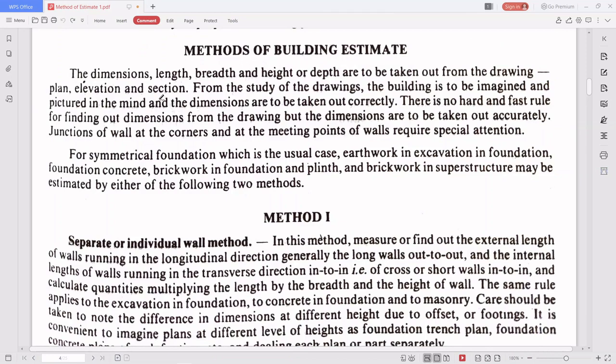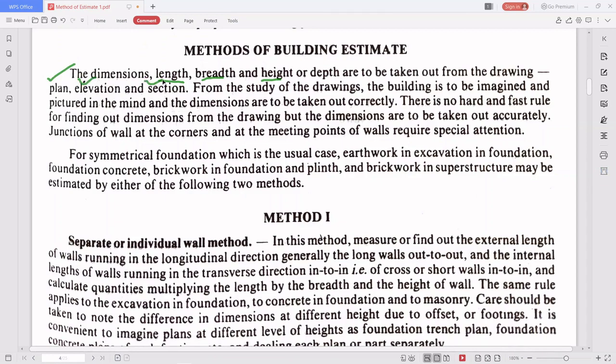So first let us learn. Whatever we have done in the foundation problem, the same we have to follow here. See the dimensions: length, breadth, height. These are the most important things. The dimensions, length, breadth and height or depth, are taken out from the drawings. Any question you are given to estimate, they will provide plan, elevation and section.